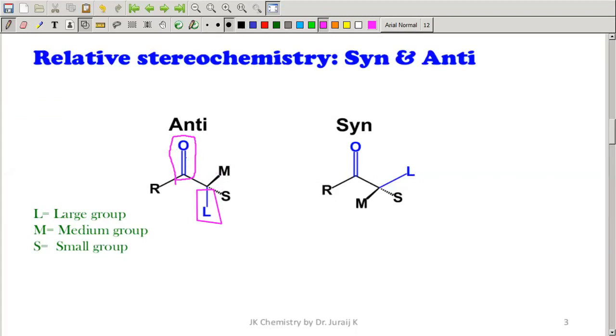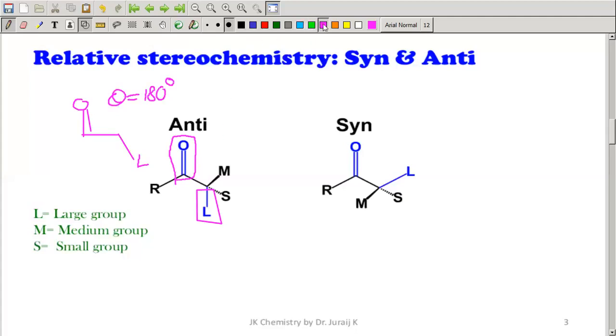If these two align in this fashion, with the carbonyl functional group and the large group in the plane of paper, then the relative stereochemistry is anti. That means they are opposite. Based on the dihedral angle theta, it should be 180 degrees. So this relative stereochemistry is called anti.